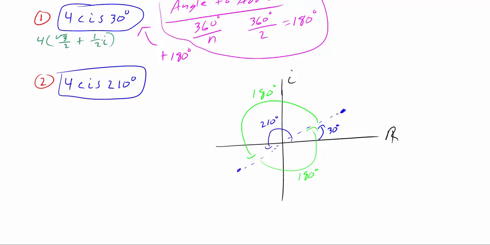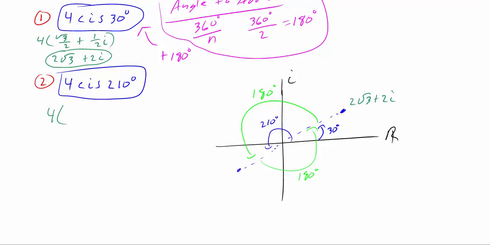If we multiply this by 4, the 2 and the 4 goes to 2 square root of 3, and then 4 times 1/2 would be 2i. So this here would be the standard form.